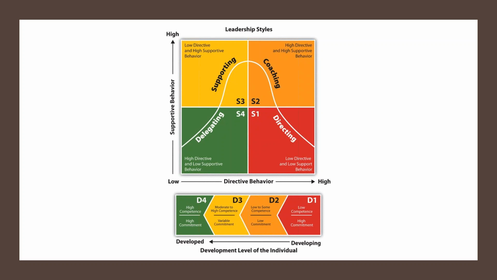Now, by directive, I don't mean unfriendly. I mean just being straight to the point and ultimately taking the responsibility yourself. And in fact, if you do that right, people who have a low skill level will appreciate that if it's done in the right way. And of course, that's what should happen.